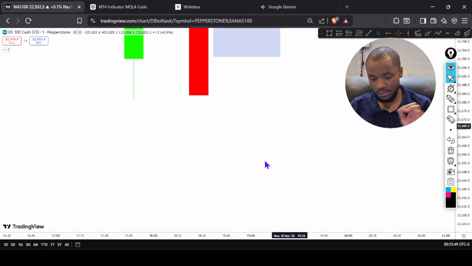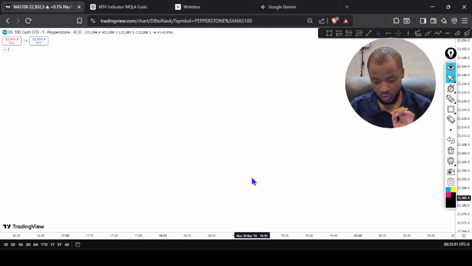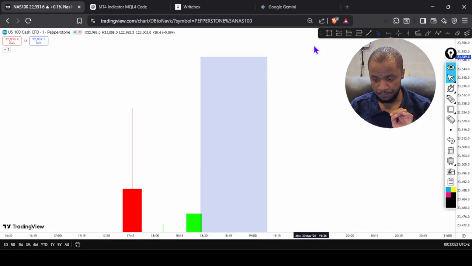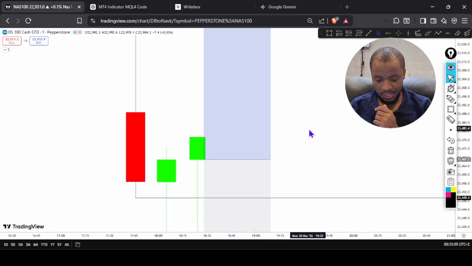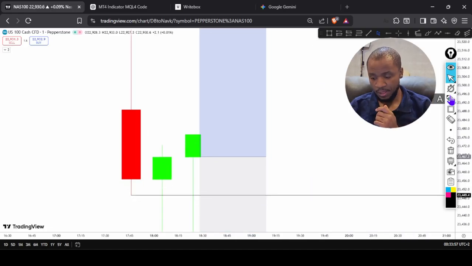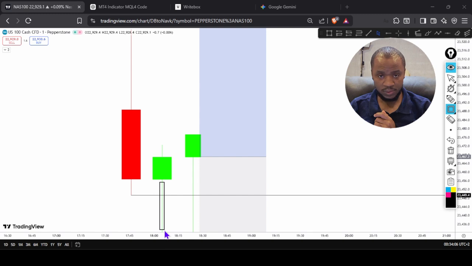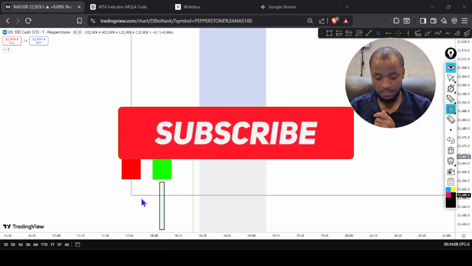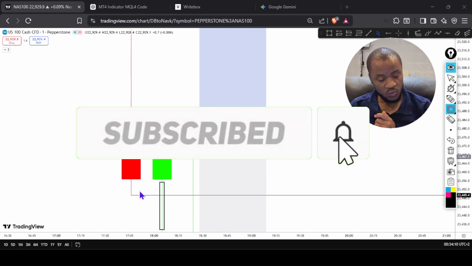Let me show you what a buy trade is going to look like. The buy trade will be like this, right? You will see the sell candle, and then there's a wick here, and then the middle candle will go below the wick, then it will go below the first candle, which is the accumulation candle.